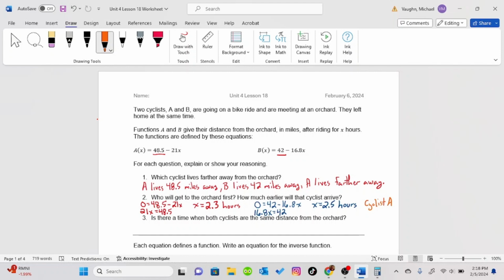And how much earlier? We're going to take 2.5 minus 2.3, and that's 0.2. So cyclist A arrives earlier by 0.2 hours.